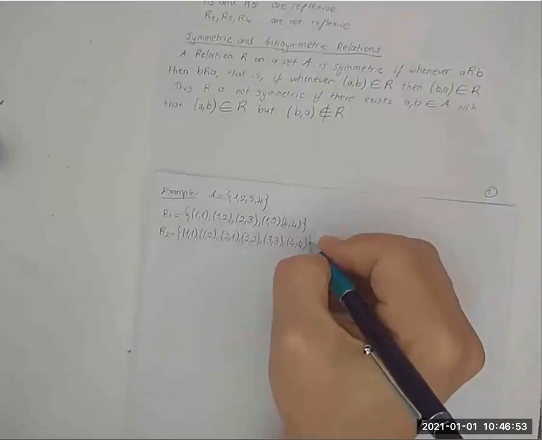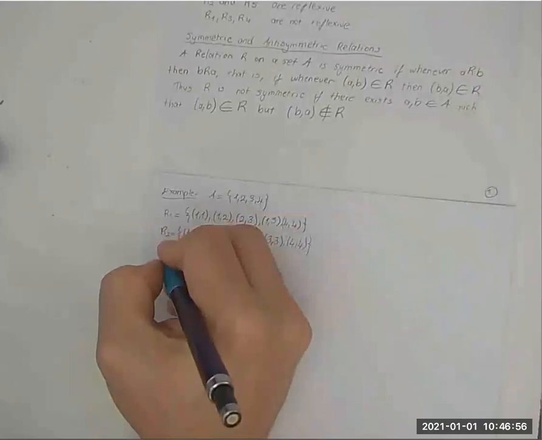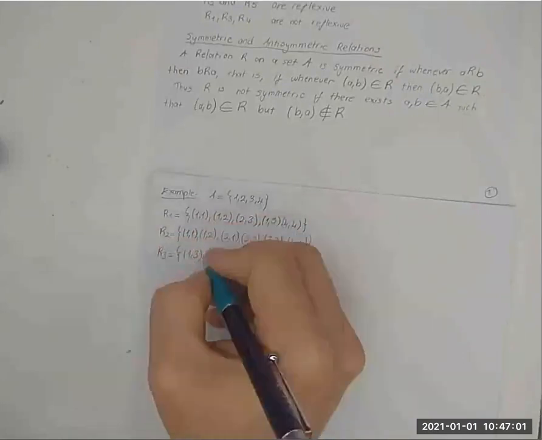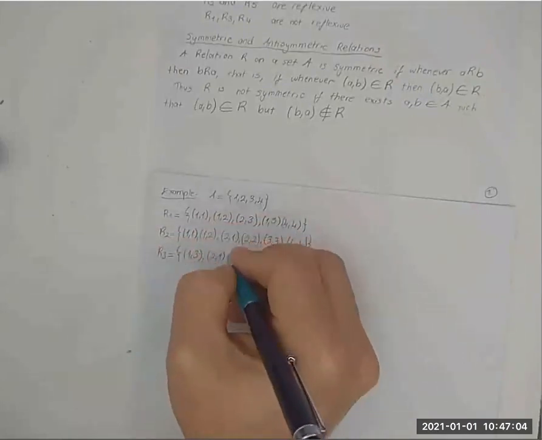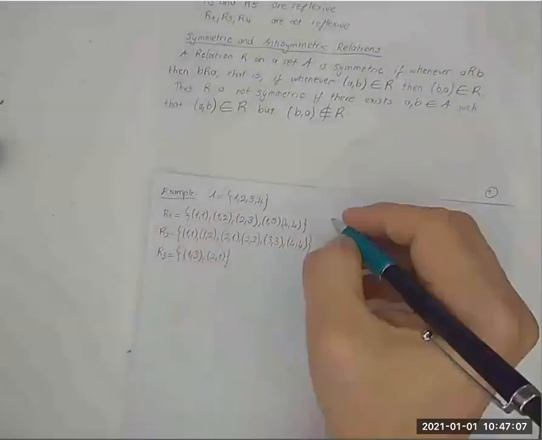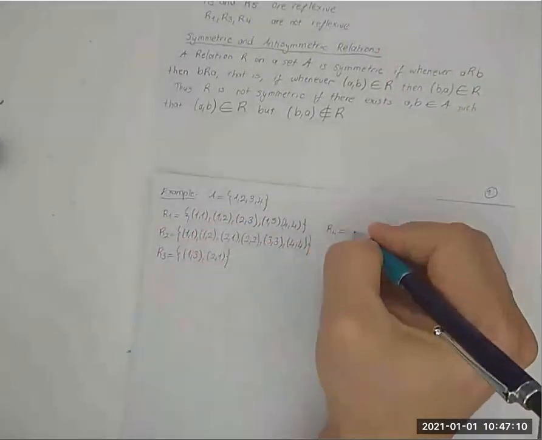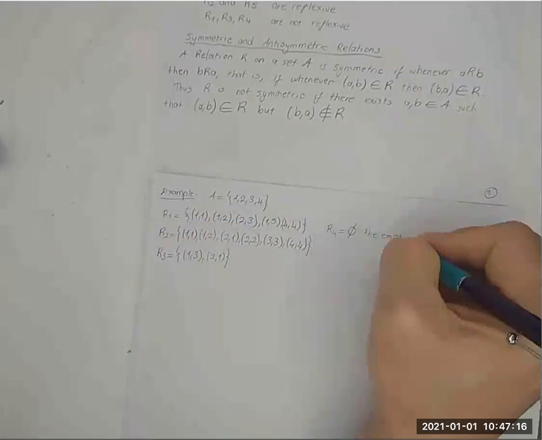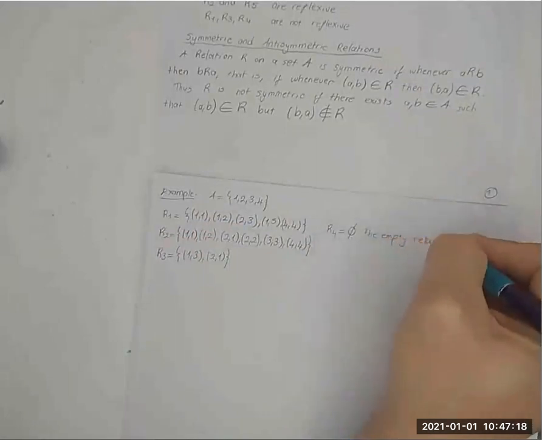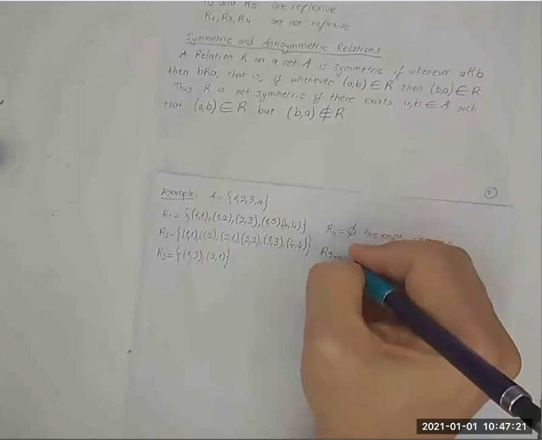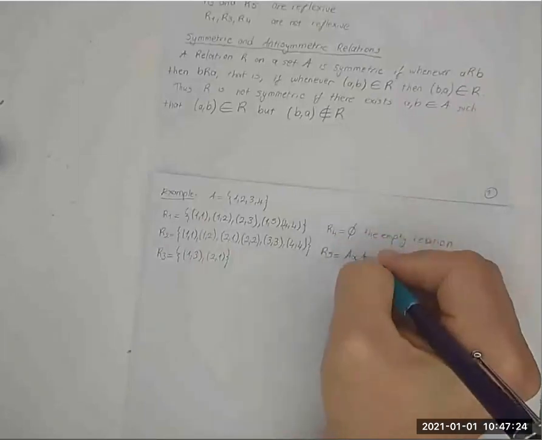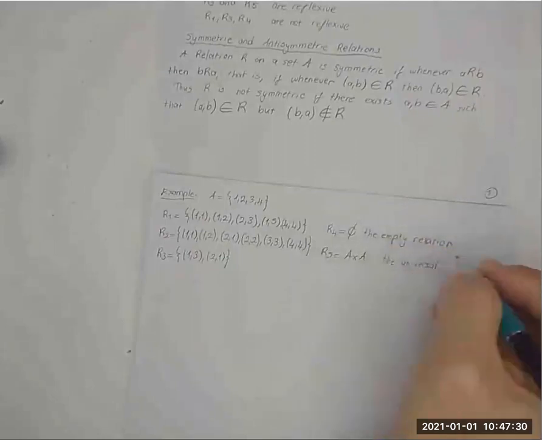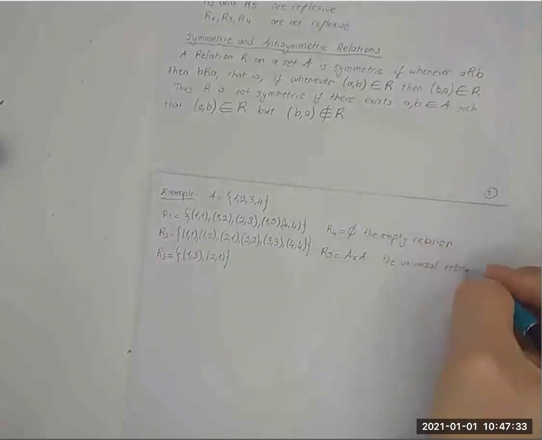There are the relations R1: (1,1), (1,2), (2,3), (1,3), (4,4). R2: (1,1), (1,2), (2,1), (2,2), (3,3), (4,4).